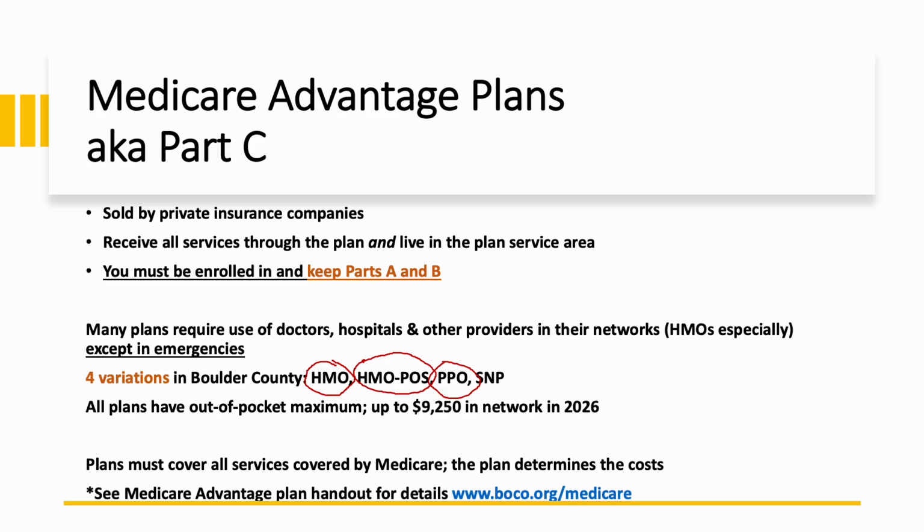So these plans have to cover all the services that are covered by Medicare. The plan's going to determine the cost and whether or not you need pre-authorization or referrals. So it's important that you understand the plan that you're enrolling in and how to access your services.